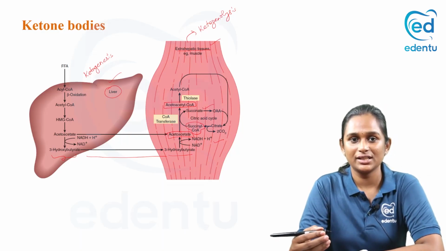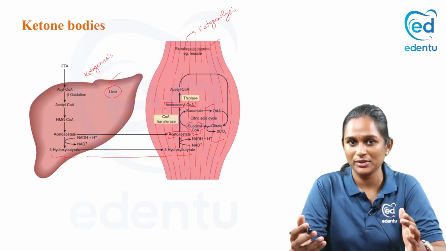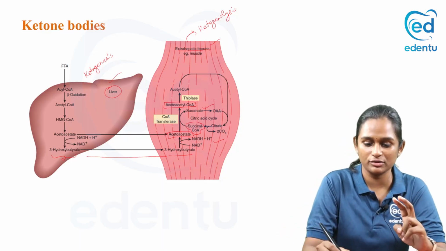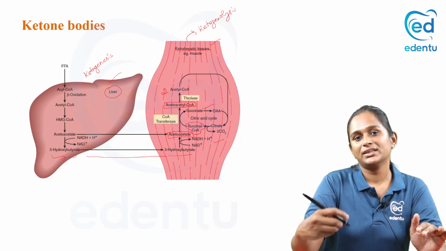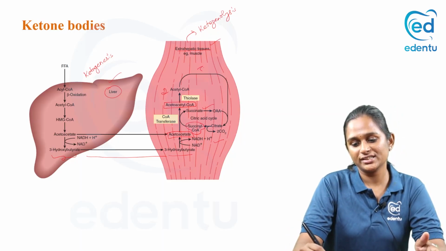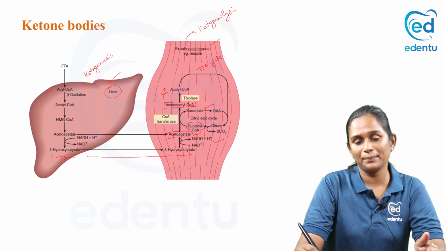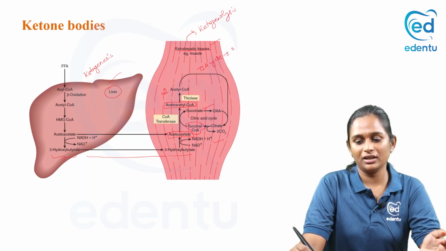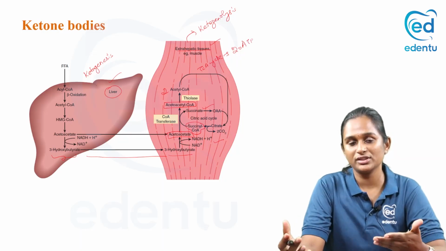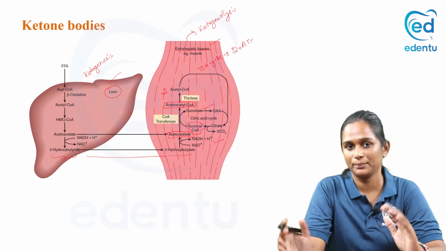This acetoacetyl CoA will be broken down by the enzyme thiolase to form two molecules of acetyl CoA, which will enter the TCA cycle in the extrahepatic tissues and generate 20 ATP. That ATP will be utilized by those extrahepatic tissues.